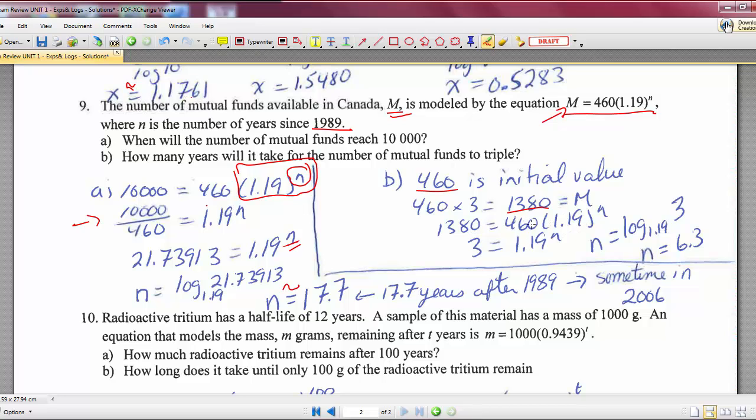And now again, same sort of thing. Of course, we got this number by multiplying 460 by 3. So when we divide by 460, we get back to that same 3. And then solving it as we did last time, log of 3 divided by log of 1.19, we find that n is about 6.3. So it takes 6 1/3 years almost, so 6 years and 4 months approximately.